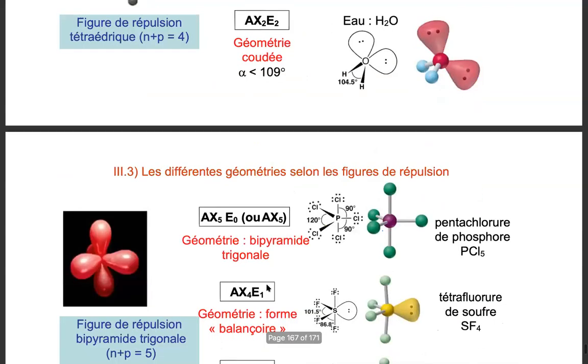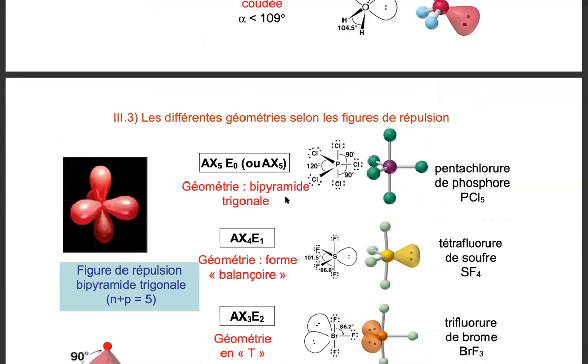Then we have the trigonal bipyramid geometry. This is phosphorus pentachloride. The central atom is phosphorus, which is represented by the letter A, and X in our case here is the chlorine atom, and there are 5 of them: 1, 2, 3, 4, 5.